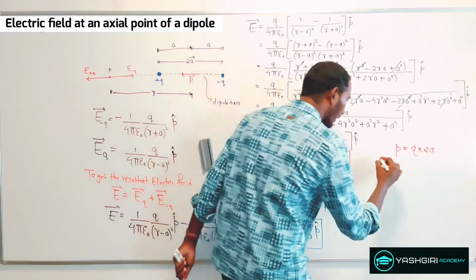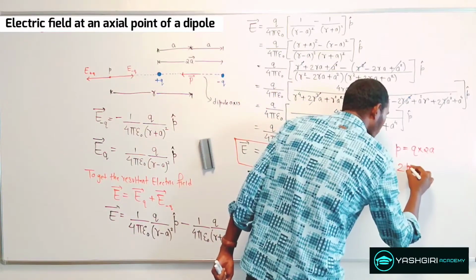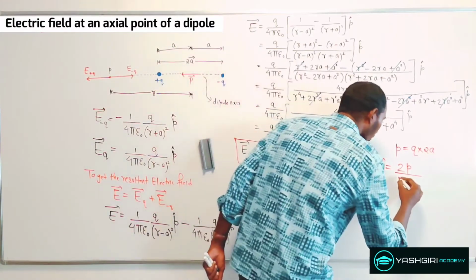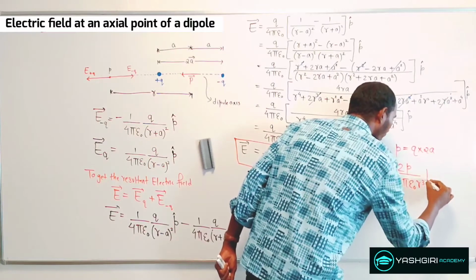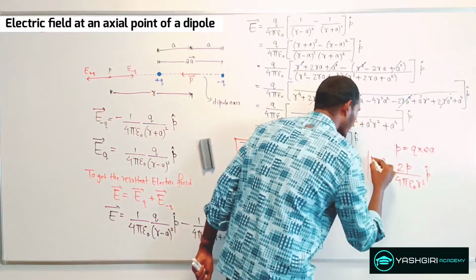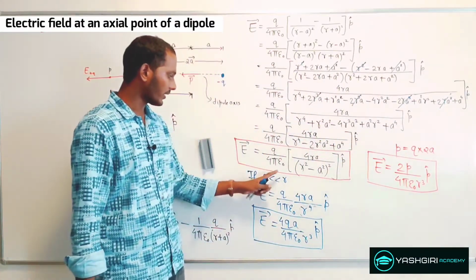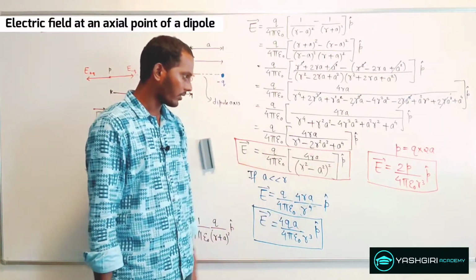So the electric field here I can write as 2 into p divided by 4 pi epsilon naught r cube along the p cap. Again, I can modify the expression, so these are the three equations that you can write.